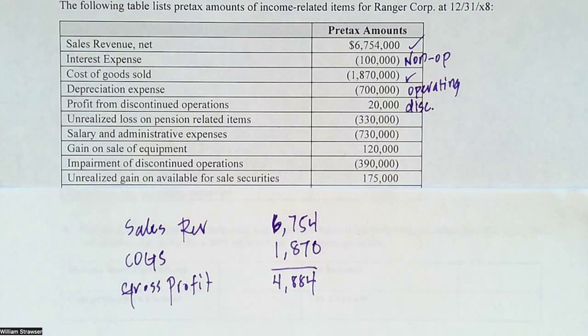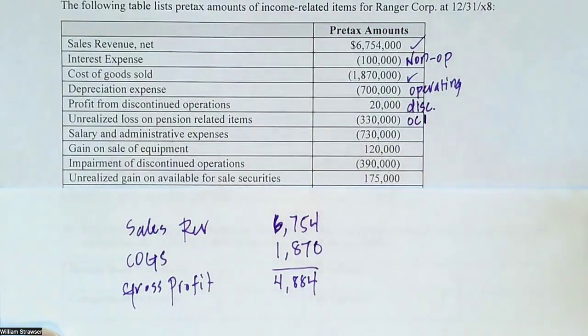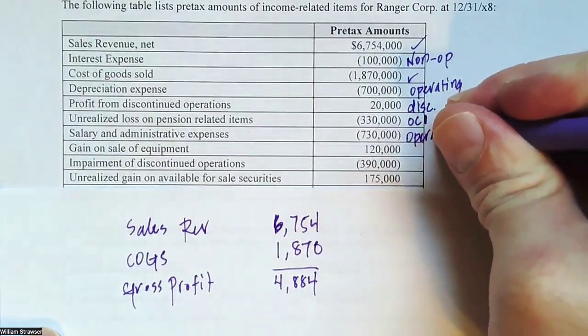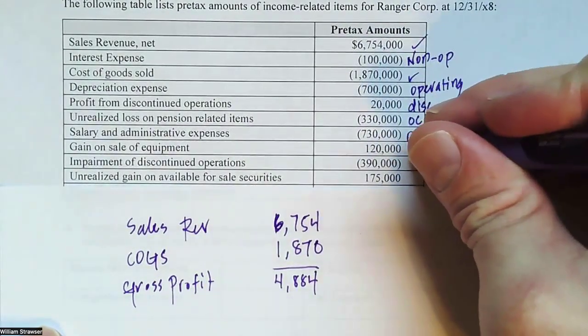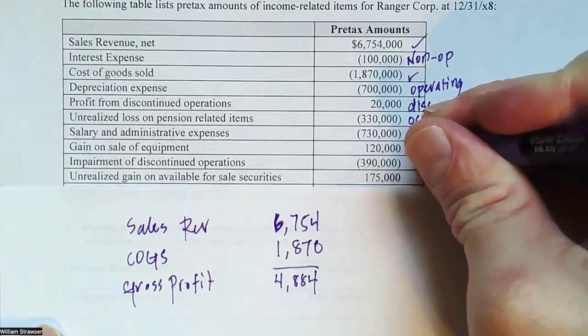In this case, for this discontinued op, it had slightly more revenue than expense. So it had a profit from the discontinued operations, income from discontinued operations. Remember, profit, income, earnings are all interchangeable. The unrealized loss on the pension, that's OCI. Salary and administrative expenses, definitely operating. The gain on the sale of equipment is operating.